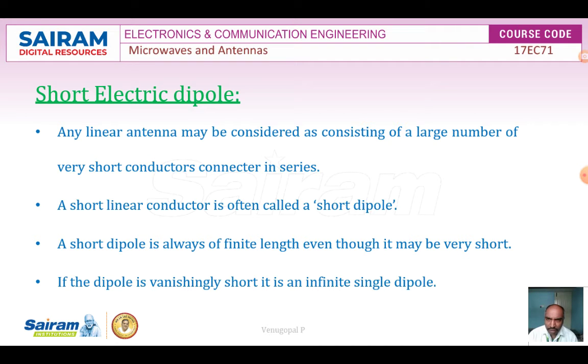Even so, the electric dipole is very short in size. If the linear antenna consists of a vanishingly short conductor, then such a dipole is called an infinitesimal dipole.